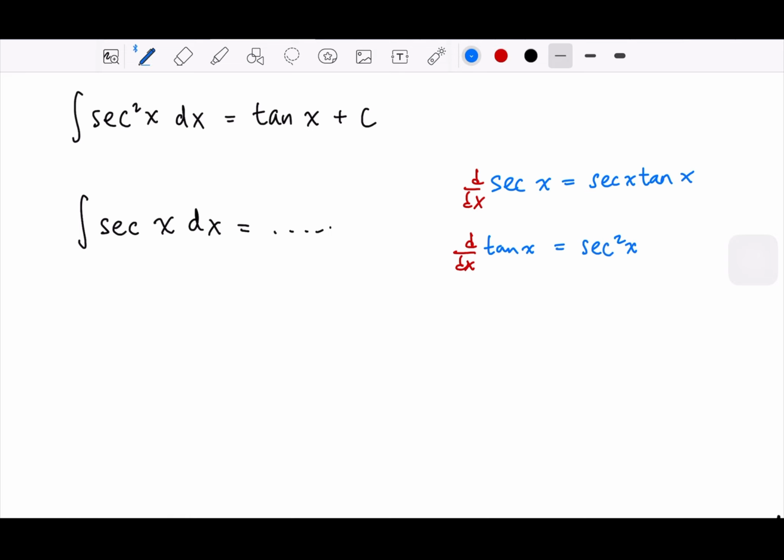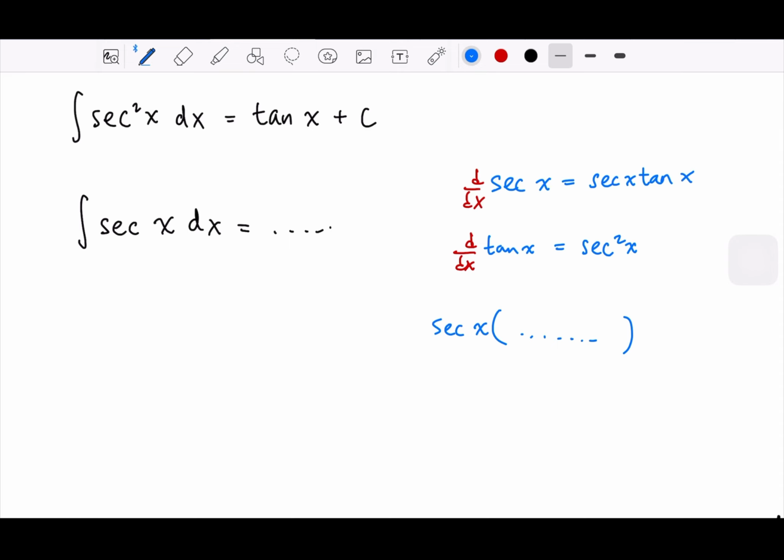Nicely done, right? So perhaps if we multiply secant with something resulting in these two, and then we substitute the secant, taking this as u, and du will be secant x tangent x.